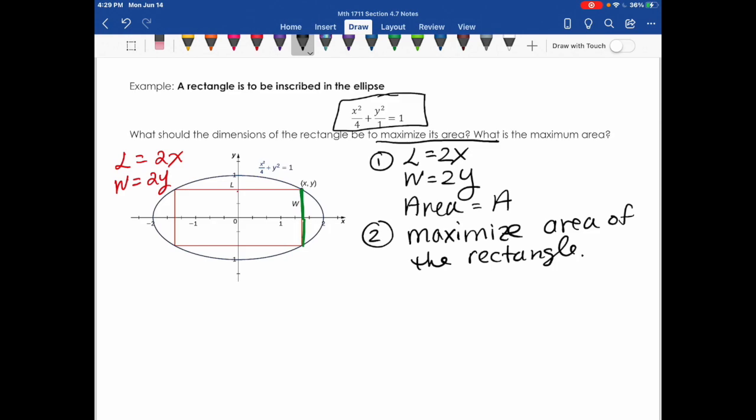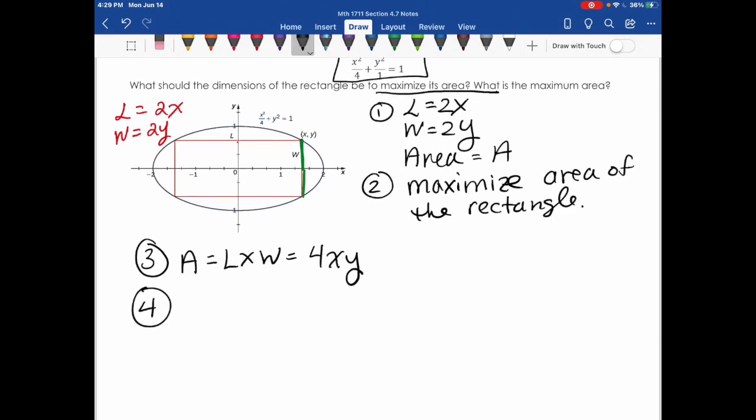Step 3 is to come up with an equation for what it is that you're trying to maximize. So our area is going to be length times width, which in terms of x and y would be 2x times 2y, which would be 4xy.